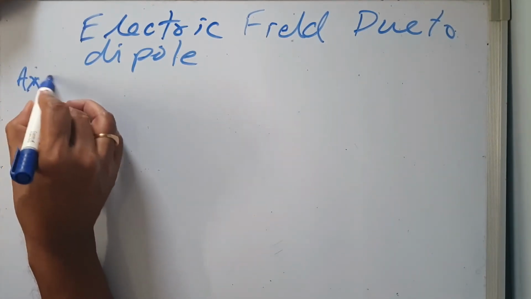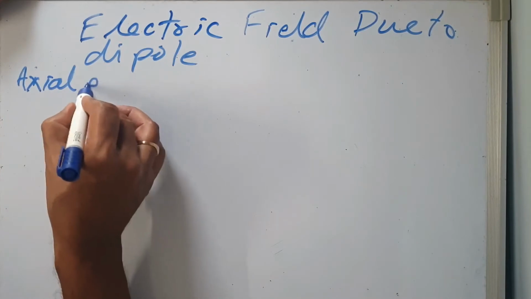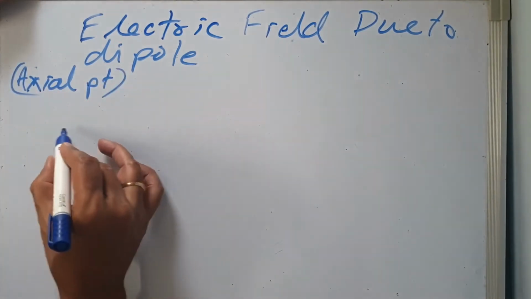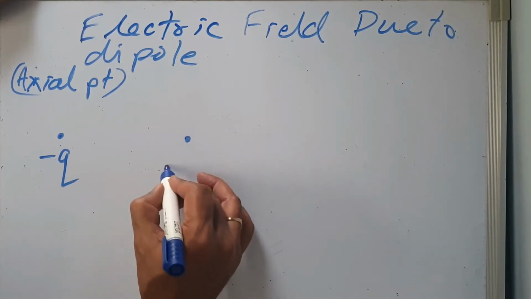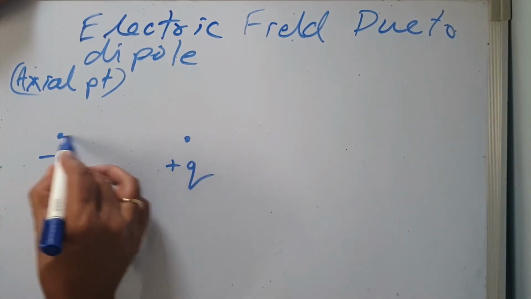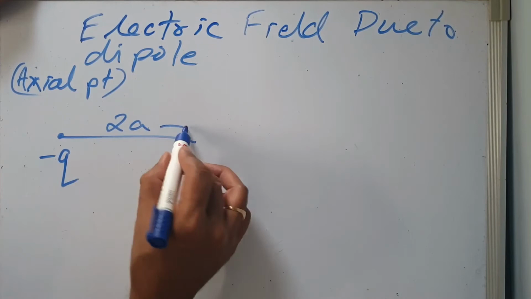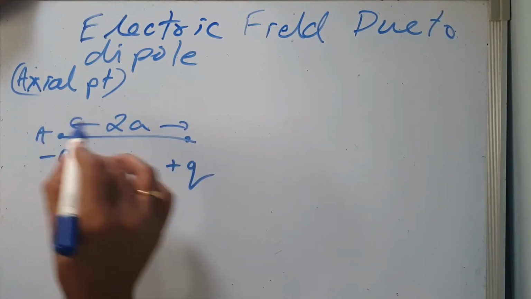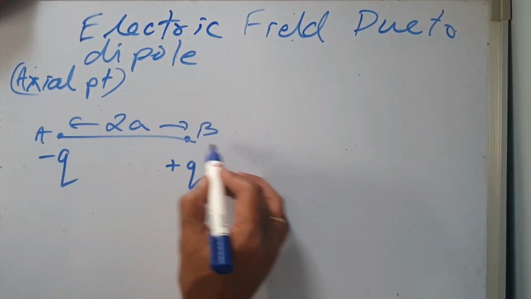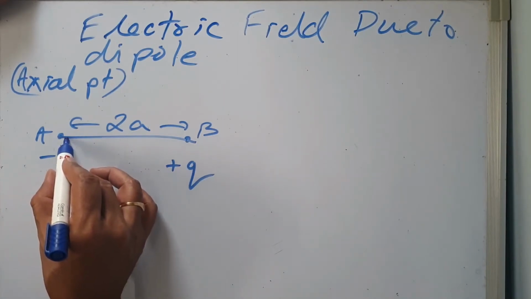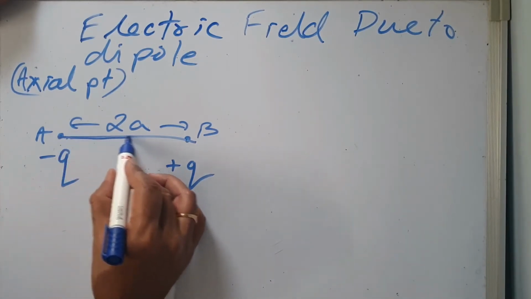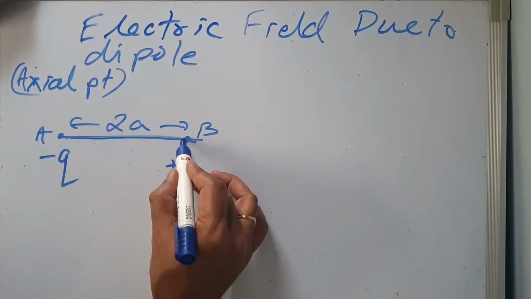I'll tell you what an axial point is. Minus q, plus q is a dipole, with charge at A and charge at B. Axial point means a point lying on the line joining the two charges. This is the line joining the two charges.